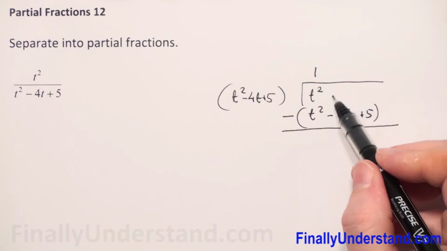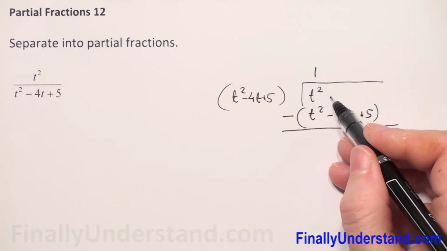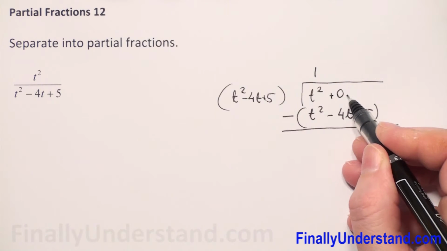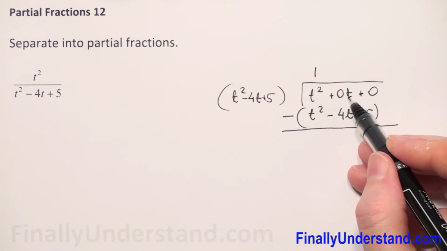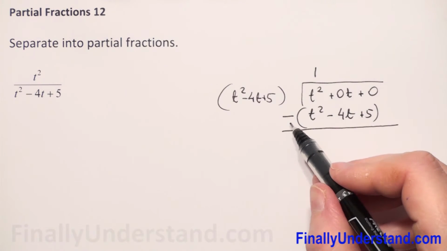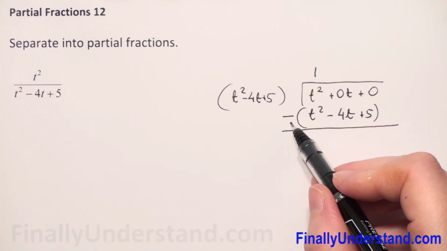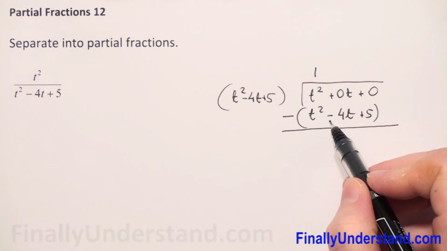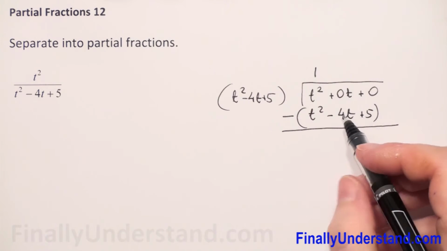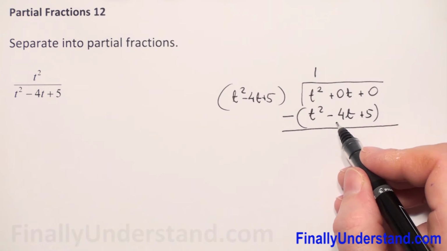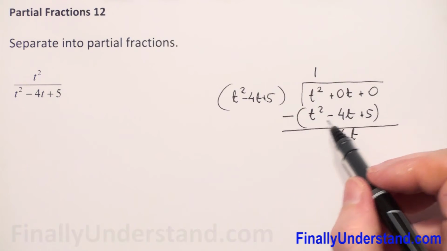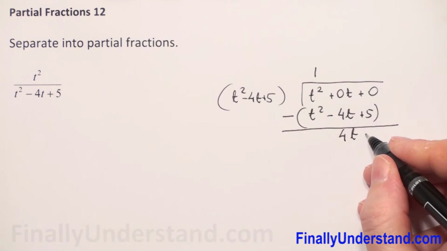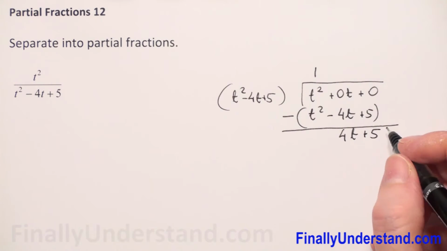And now, when we don't have any t term here, it's like 0t and 0 constant. 0t minus negative 4t: negative and negative giving positive, so plus 4t is 4t. 0 minus 5 is negative 5.